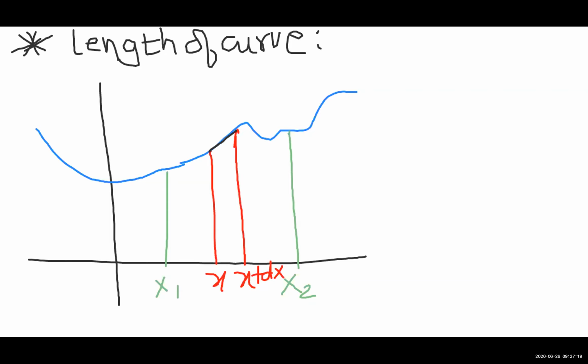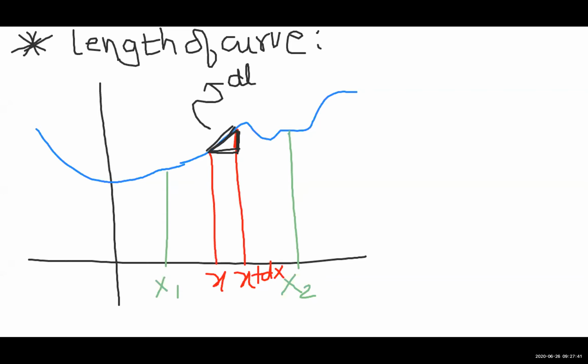And I will say that the length of this part of the curve is dl. Now I know that this is dx, and therefore this must be dy.